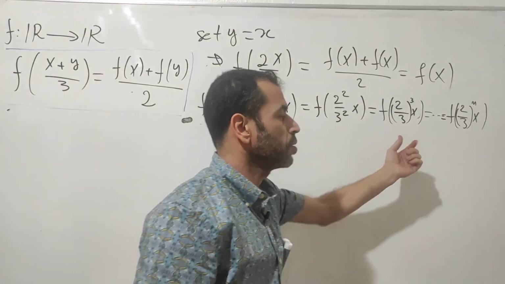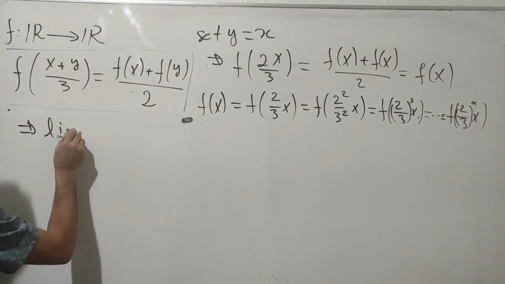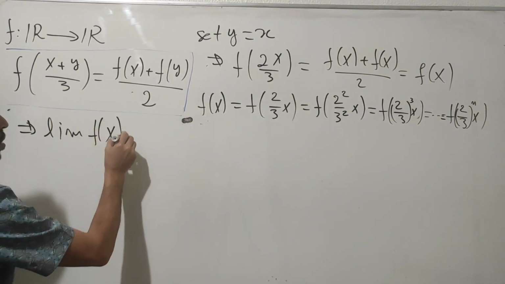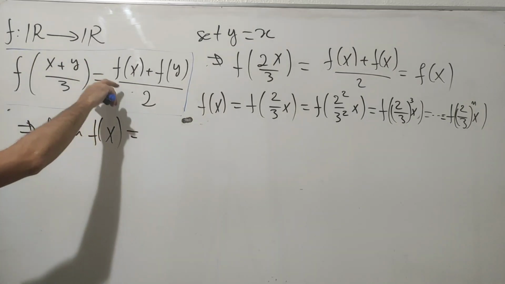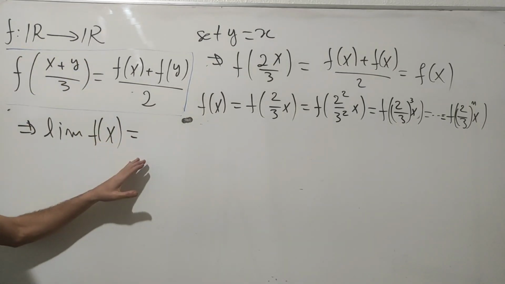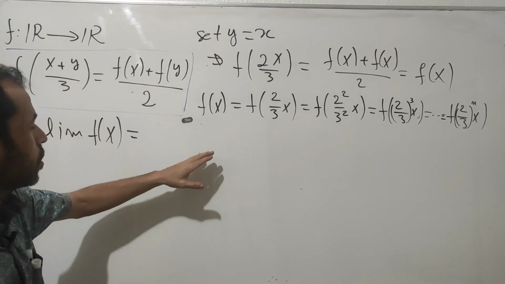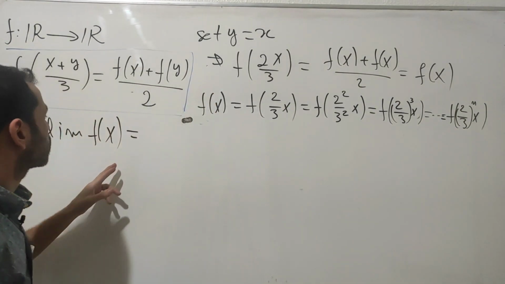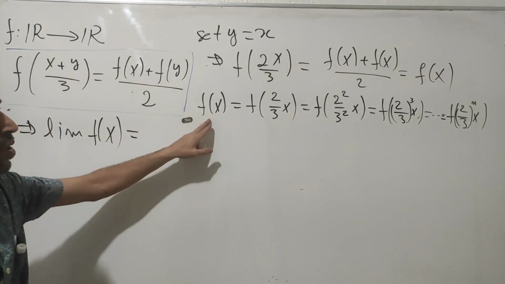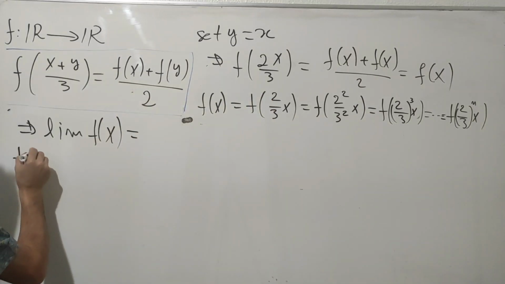I'm going to apply the limit on both sides. Since f is a continuous function, we can apply the limit on both sides. If the function were not continuous, we could not apply the limit on both sides. So f is continuous.